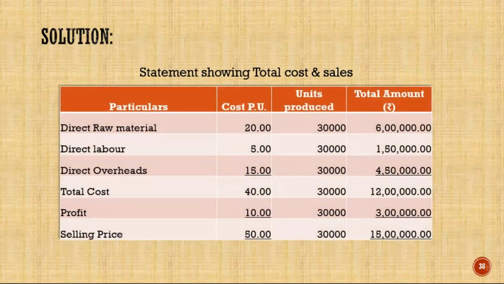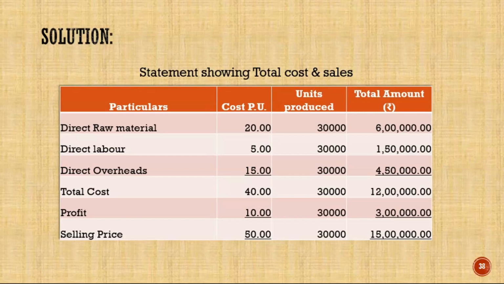In this way we can present the data, we can identify the total amount we need to spend on direct raw material, on direct labor, direct overhead, just by multiplying units produced to the cost per unit. So it will give you total amount.